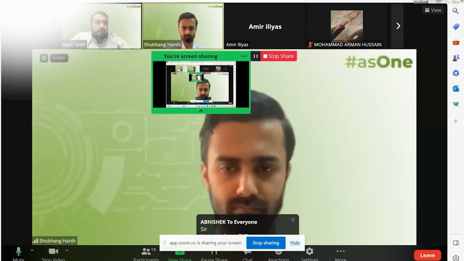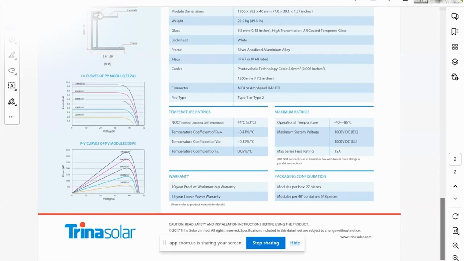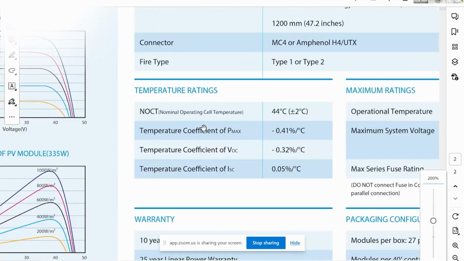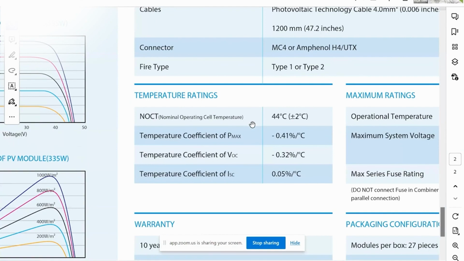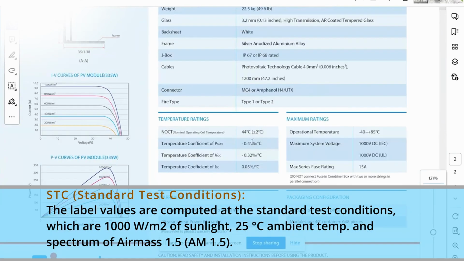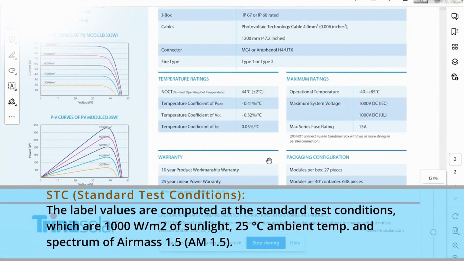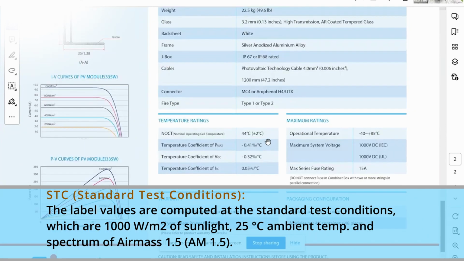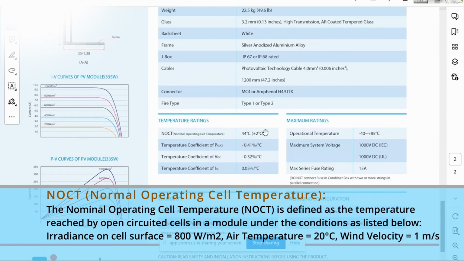Yes, so this is a typical Trina make module. The module manufacturer estimates the performance at STC. STC is 25 degrees centigrade, and then NOCT is the cell temperature at 1000 watt per meter square irradiance.